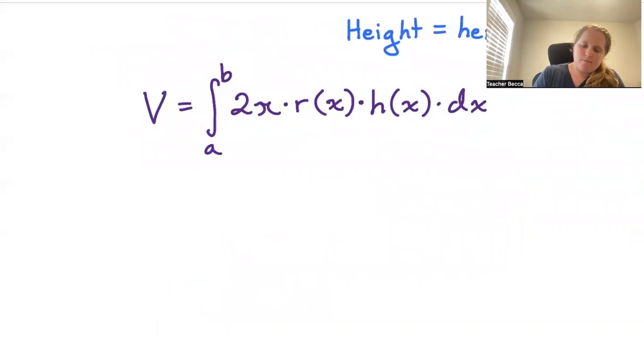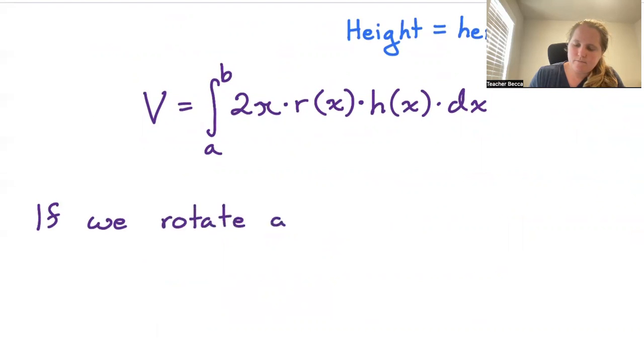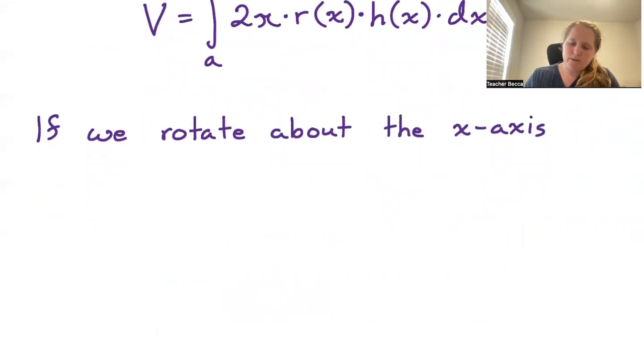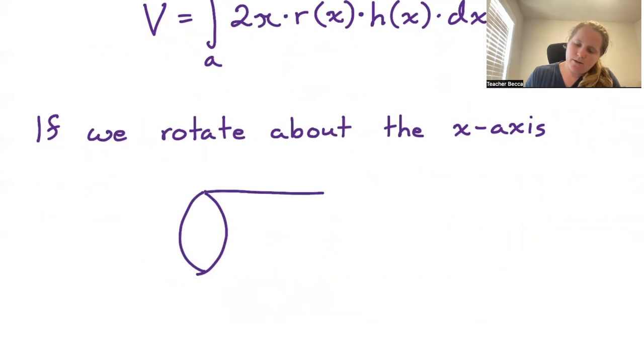Similarly, if we rotate about the x-axis, then our shells are horizontal paper towel rolls. So we get our horizontal paper towel roll shells.